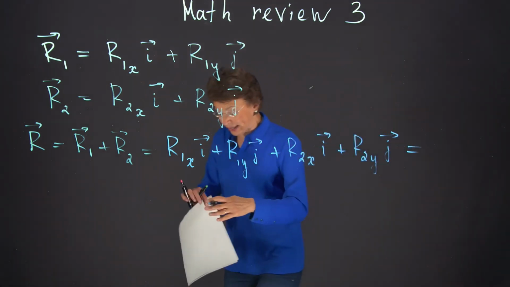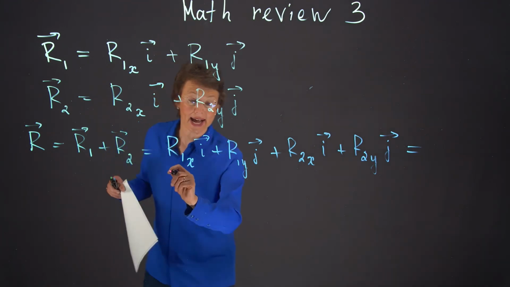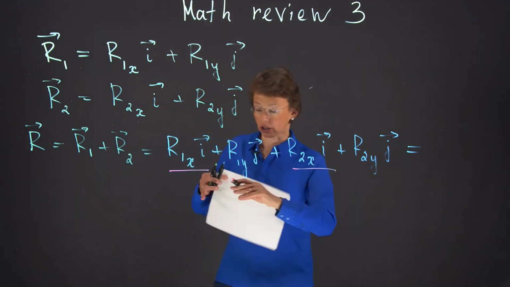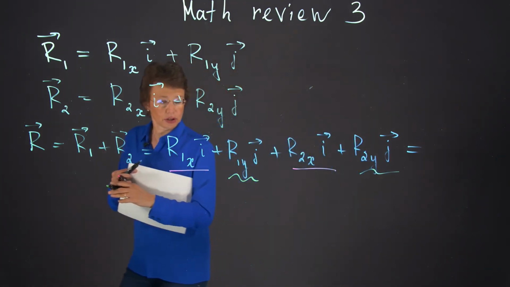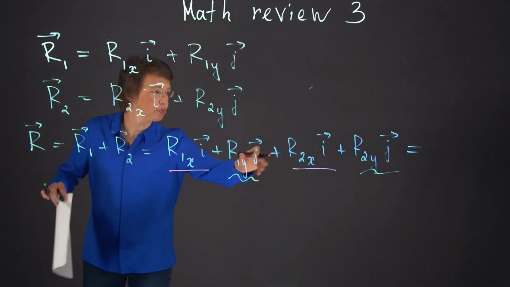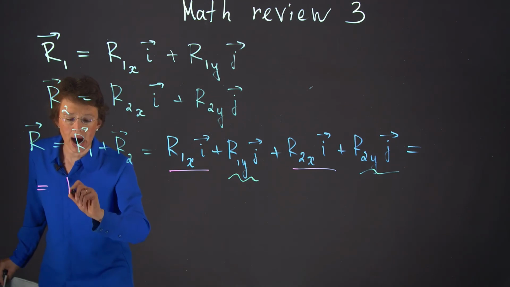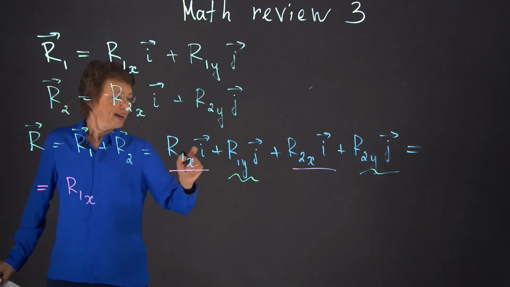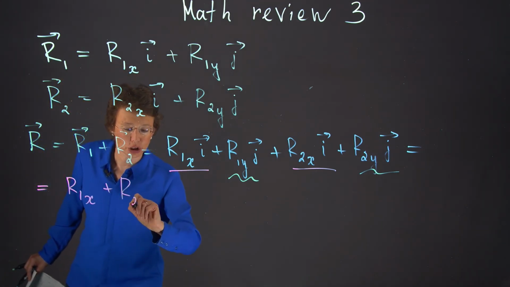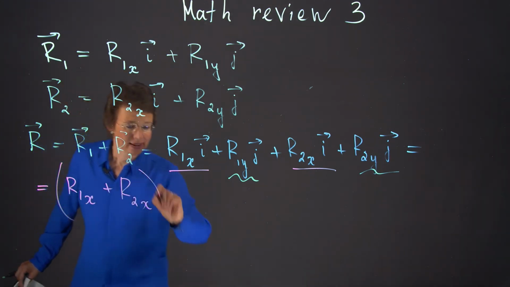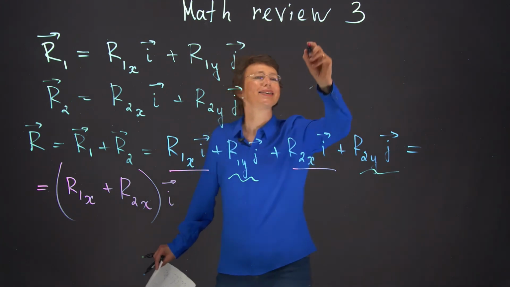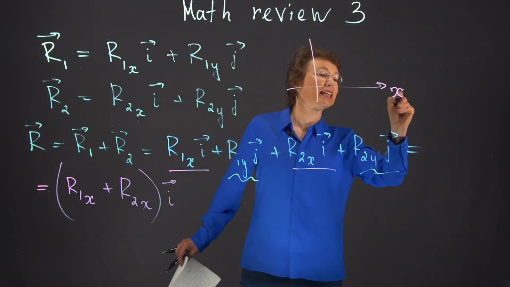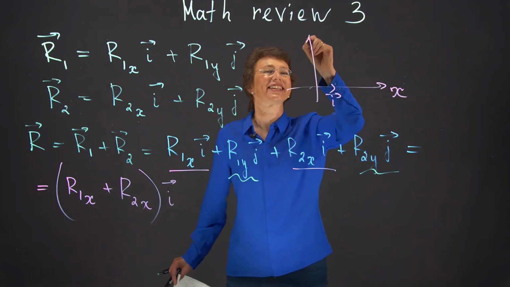What I'll do next, I will factor out i and I will factor out j. Let's combine these. What do I have with vector i? I have r1x plus r2x, unit vector i. I cannot skip this unit vector i because this is in the x direction.